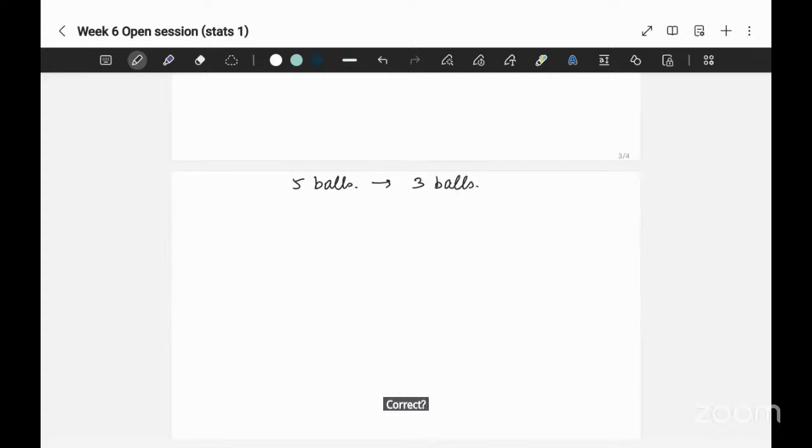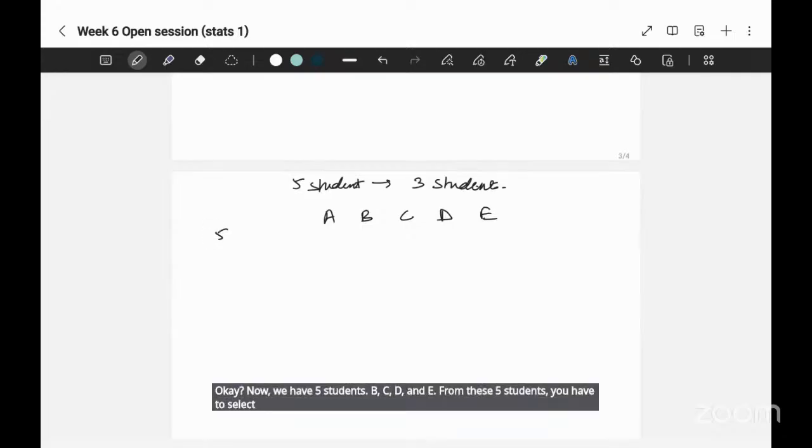Or you can say 5 students are there. Let's take it as students. Now we have 5 students A, B, C, D, and E. From these 5 students, you have to select 3 students. So it will be what? 5C3, yes or no?